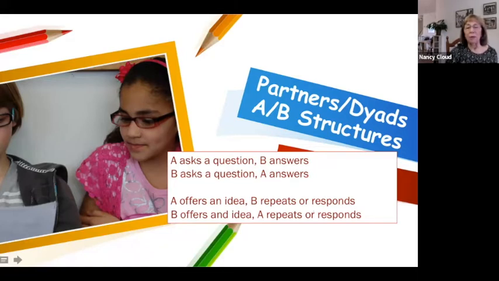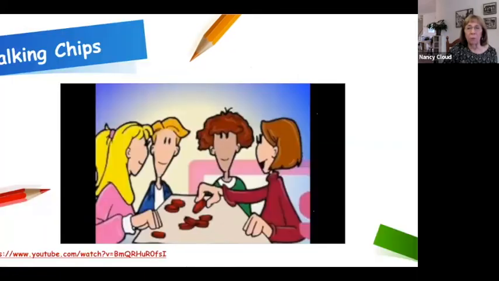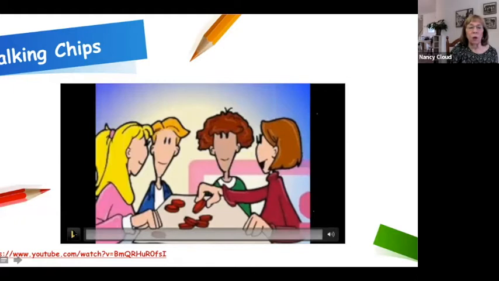Okay, so that is called A-B structure. And it's not nice if you do it, it's necessary to be done so that you have equal, equitable opportunities for speaking, and that the kids know what to do. They know what they're supposed to be saying to each other. It's very well structured. And so here's a way we could do that in groups, and it's called talking chips.